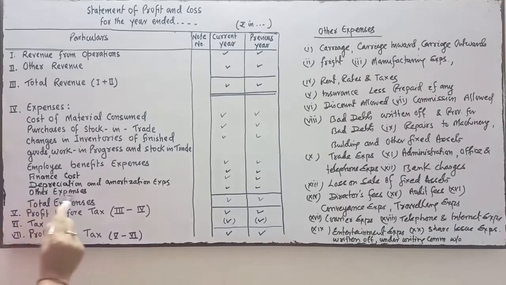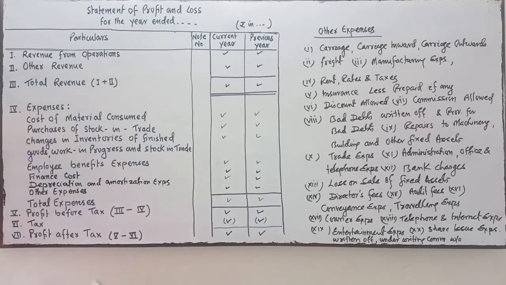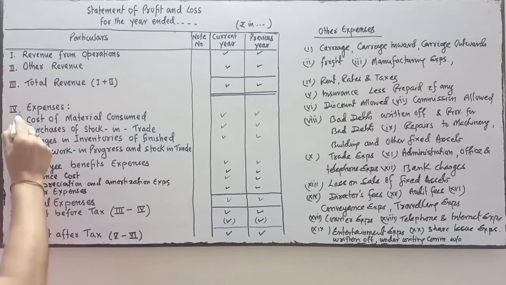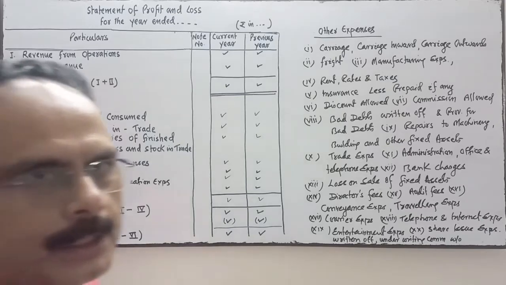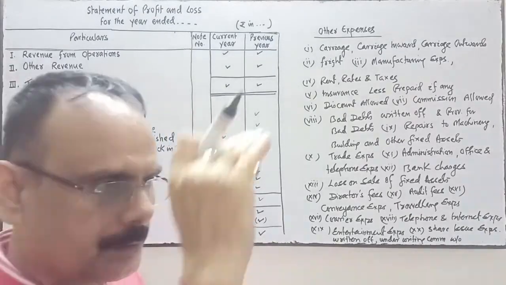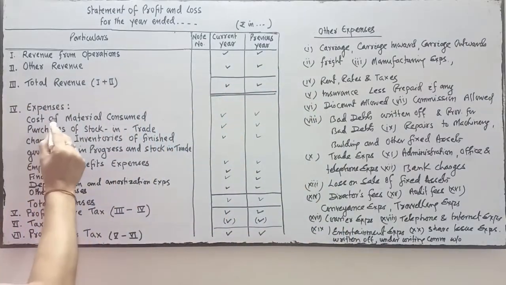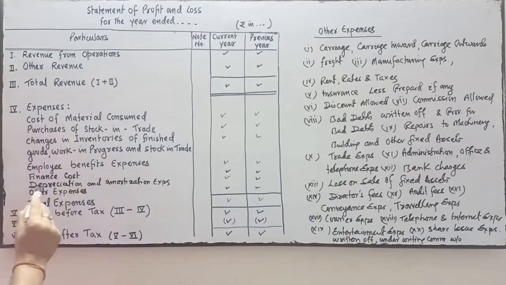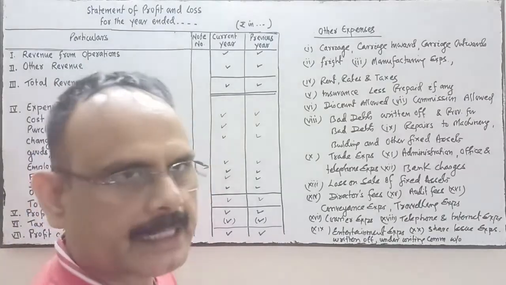Now come to the other expenses. In other expenses, all such expenses will come which do not come under any of the other line items. Any expenses which do not come under any line item, right from cost of material till depreciation and amortization, will come under the other expenses.